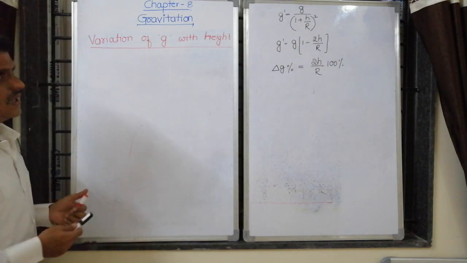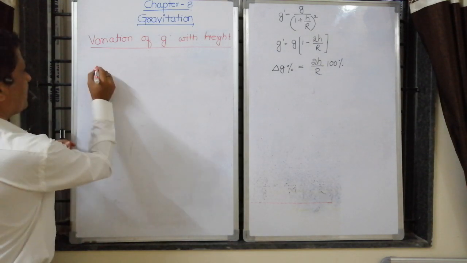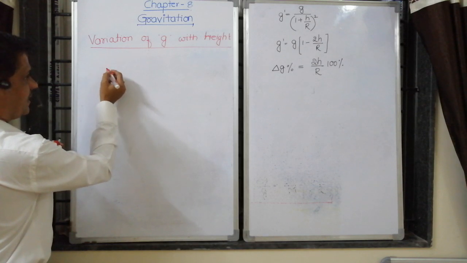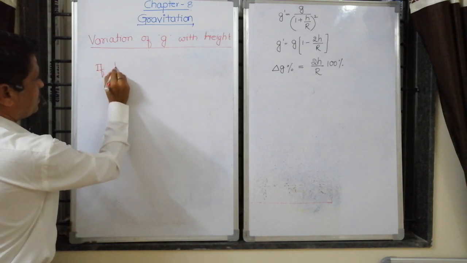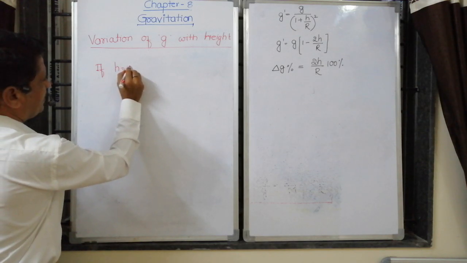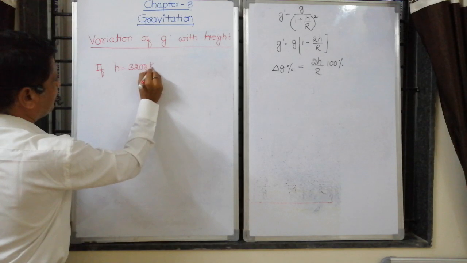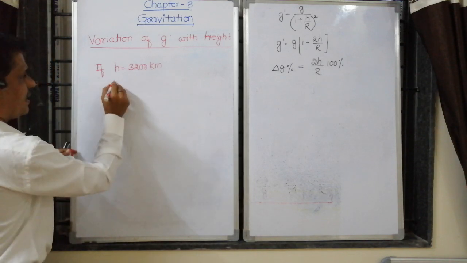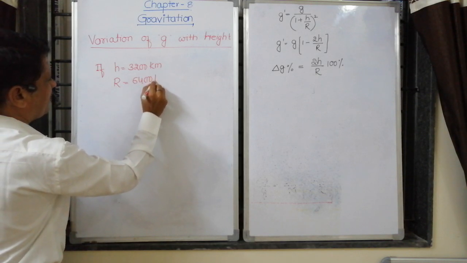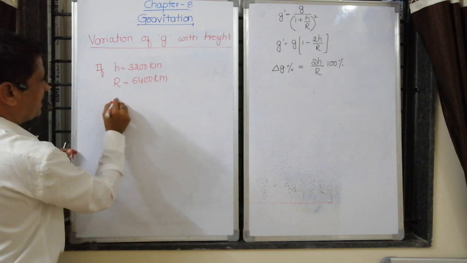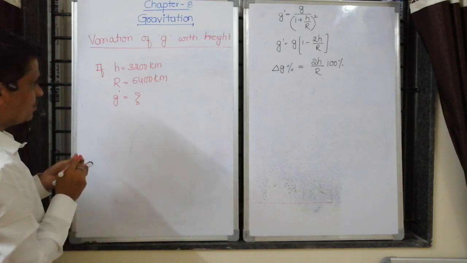Now, another case, one simple example. Same question I can repeat. If h is equal to say 3200 kilometer and radius of the earth is equal to 6400 kilometer, then what is the value of g is the question.